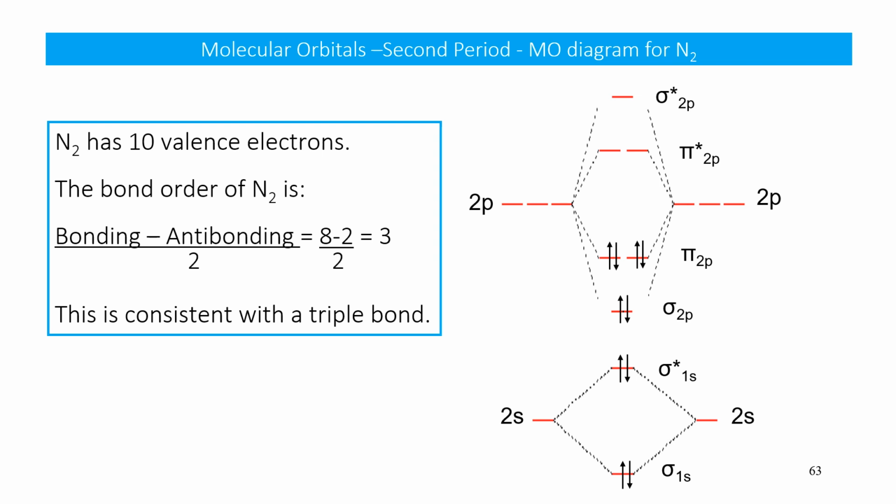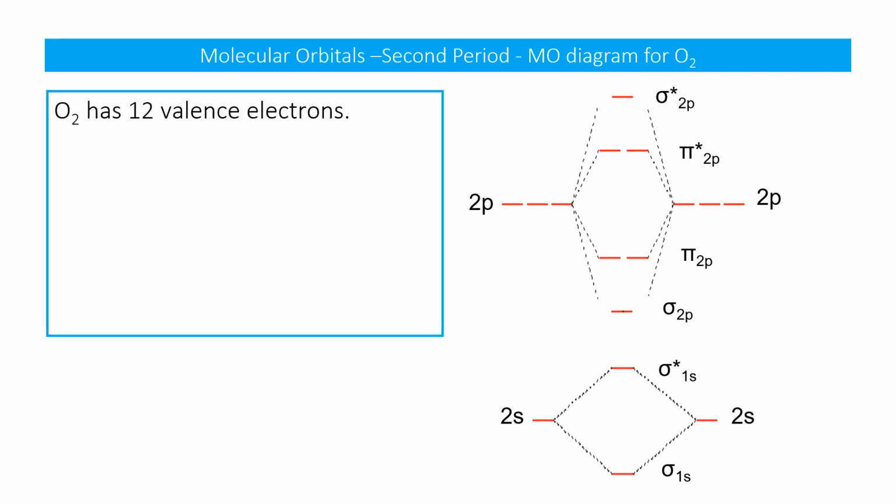Now, let's look at dioxygen. Remind yourself that dioxygen has 12 valence electrons. It's in group 6. We've already buried the set of core electrons in the 1s sigma and sigma star. Now, if you look closely, those 12 electrons will fit in according to Aufbau. And so that's 6 pairs.